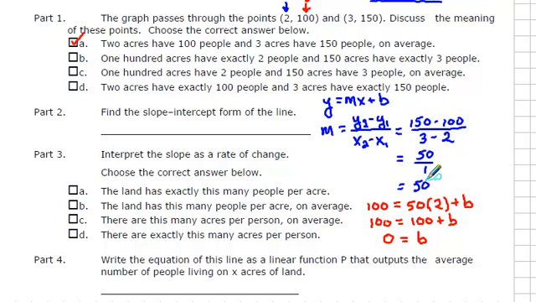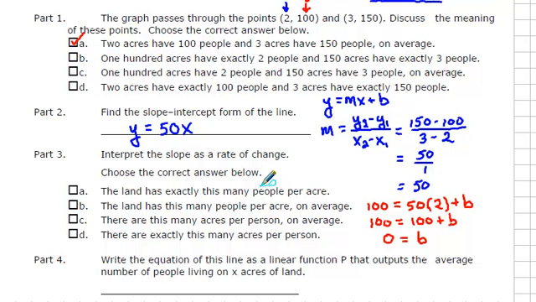So m, our slope is 50, b is equal to 0. We just substitute those values into the equation, and that will give us our answer. y is equal to 50x plus 0. We don't have to write the plus 0 down, just y is equal to 50x.